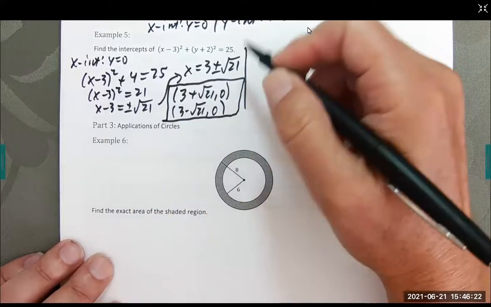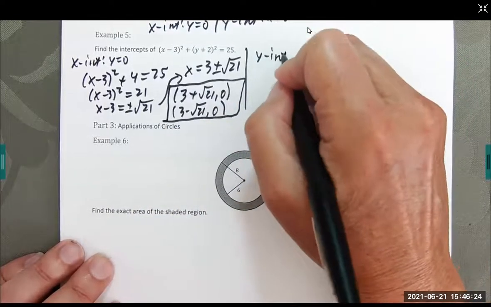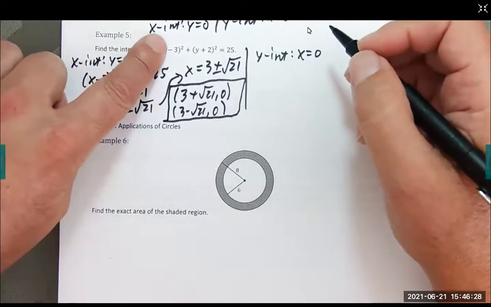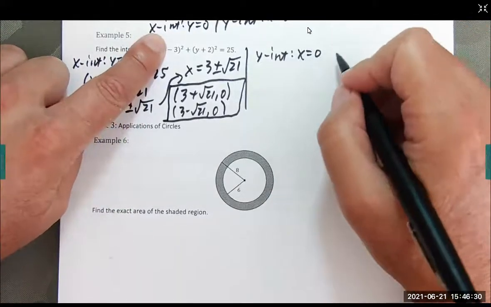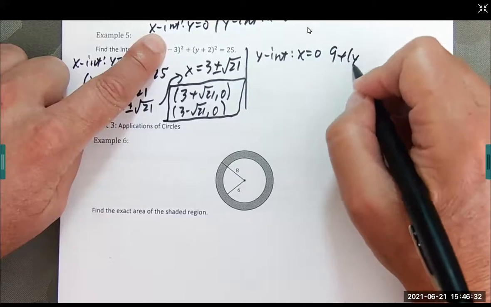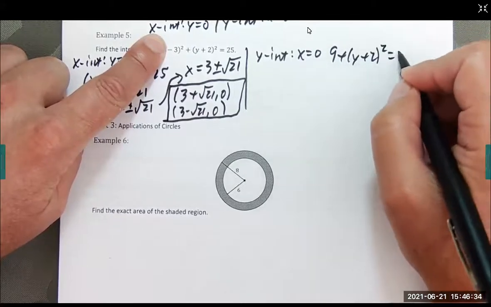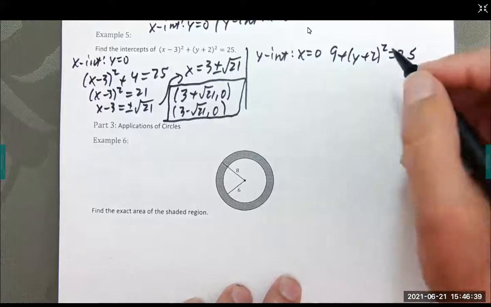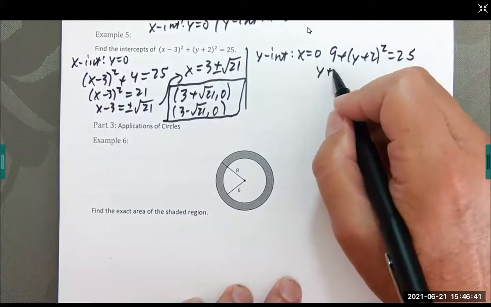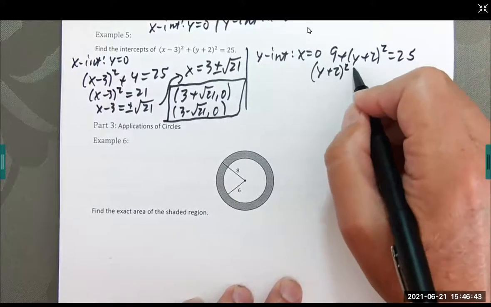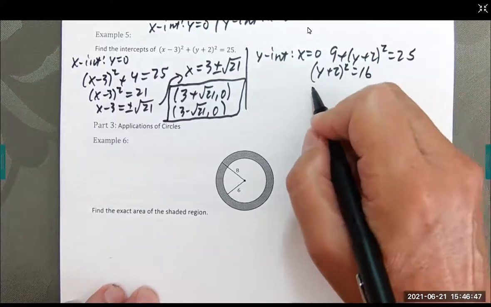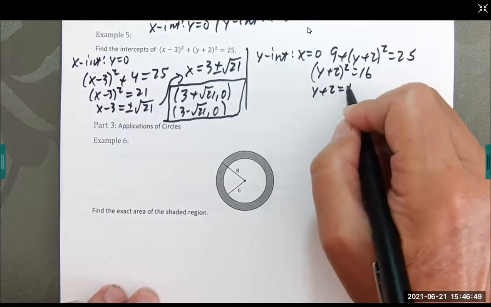For y-intercepts, set x equal to 0. So when x equals 0, we get negative 3 squared, which is 9. Moving the 9 over, subtracting the 9, I get y plus 2 squared equals 16, which very nicely is a perfect square. So y plus 2 equals plus or minus 4.